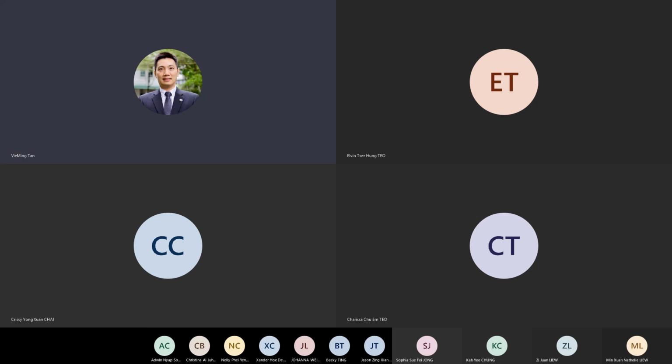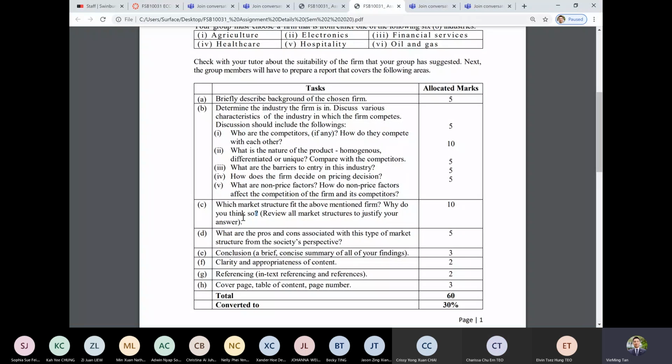So for C, you need to identify which market structure the firm fits into, whether it's perfect competition, monopolistic competition, monopoly, or oligopoly. When you do the discussion, you have to cover all of the market structures.